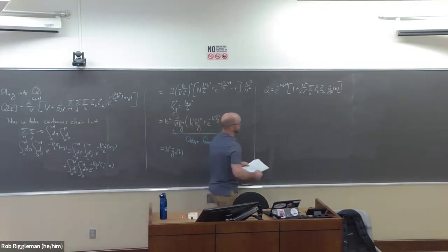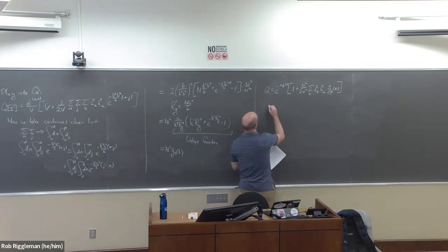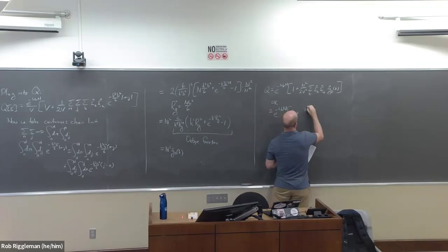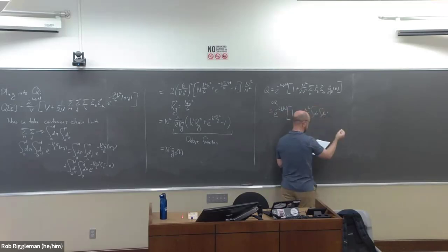Or if you would rather think about this in real space, we can write it out in real space. So we can say this is also equal to W star N, 1 plus still N squared, but now just one factor of V of R prime.